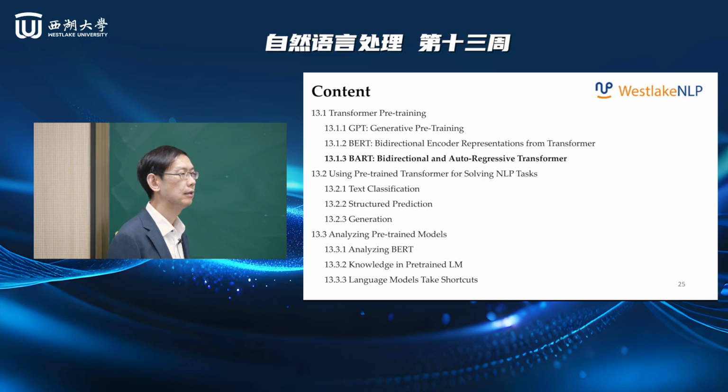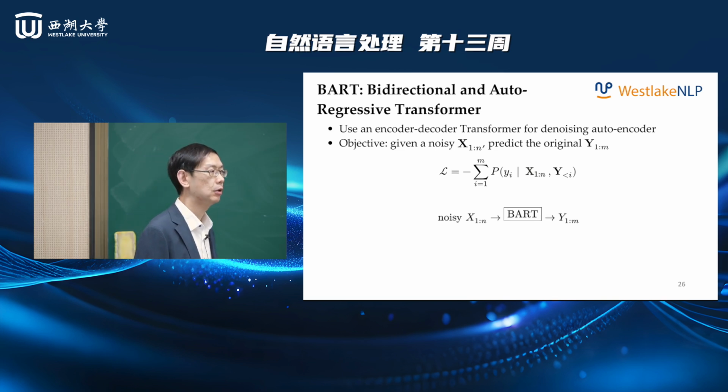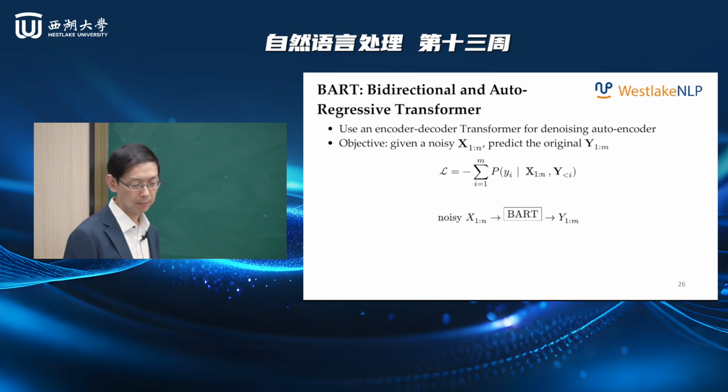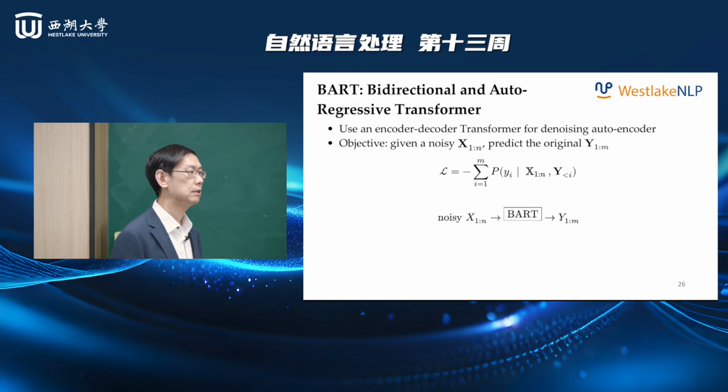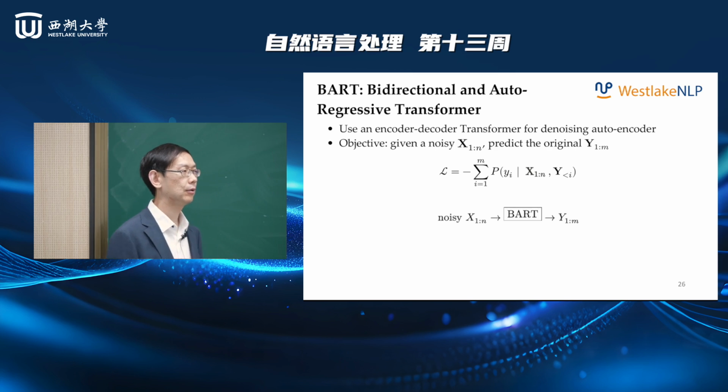So that is a decoder-only model and an encoder-only model. As I said, we could pre-train a transformer by using the original transformer. So this is another famous model called BART, the bidirectional and autoregressive transformer. By the way, a lot of these pre-trained model names are from cartoon characters.